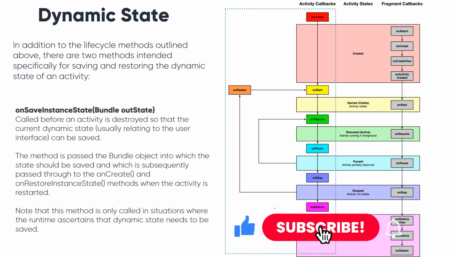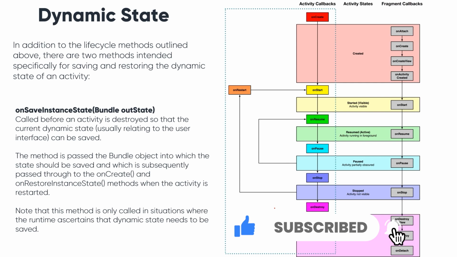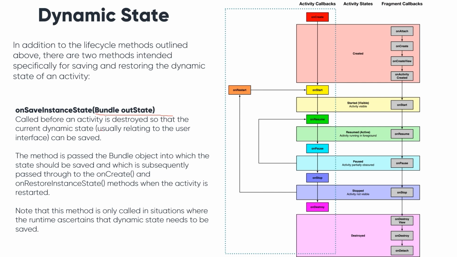Okay? The other method is the onSaveInstanceState. It also takes a bundle object as a parameter, and is called before an activity is destroyed so that the current dynamic state can be saved. The method is passed the bundle object into which the state should be saved.